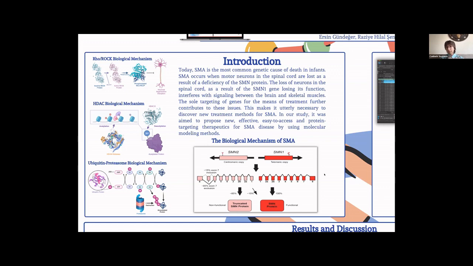In order to overcome these problems, in our study, we aim to do inhibition simulations of three biological mechanisms, namely RORC, histone deacetylase, and ubiquitin proteasome pathways using molecular modeling methods in order to unravel potential new drug ligand molecules for the alleviation of SMA symptoms.